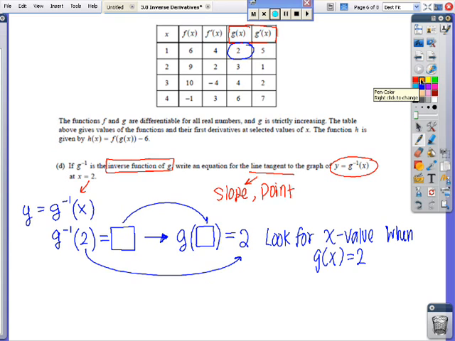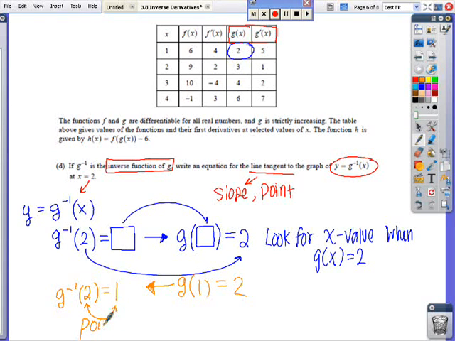So g of 1 is 2. What does that tell us? Let's go backwards. That tells me that g inverse of 2 is 1. So here's my point. Now I need a slope. I'm going to find my slope. Let's do it down here.